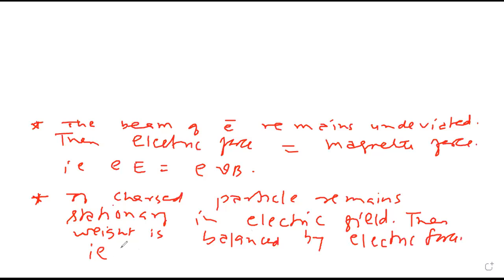That is mg equals q times electric field. Now in place of m, sometimes density and volume will be given. Q is nothing but n number of electrons. Copy these two points.